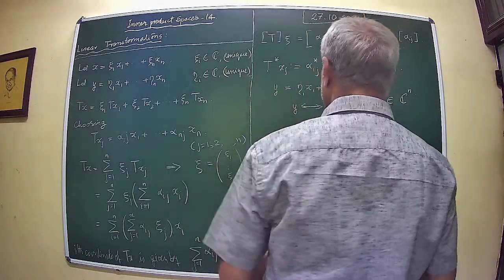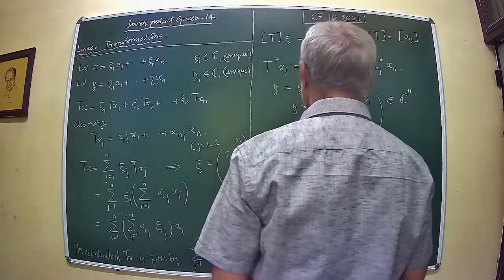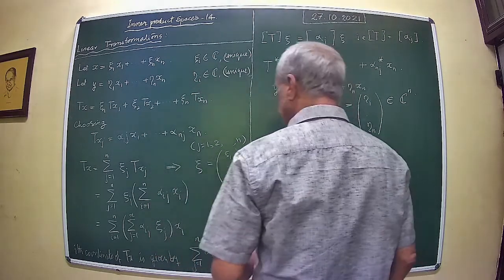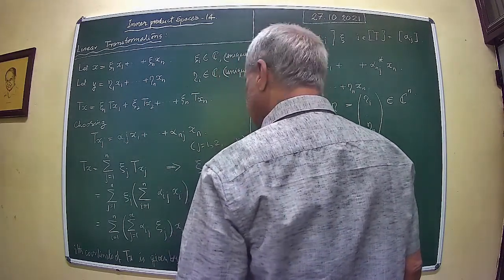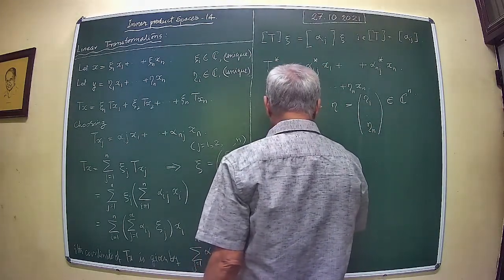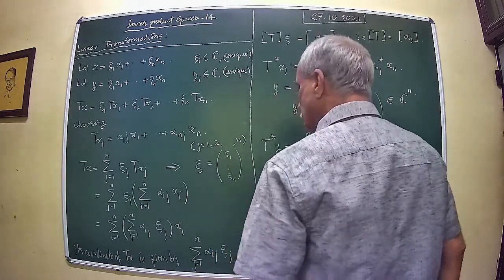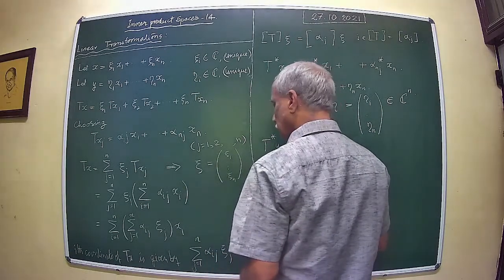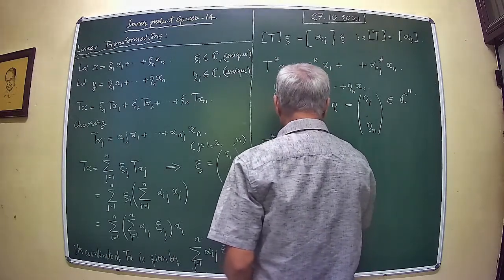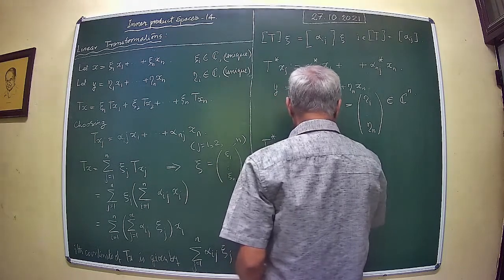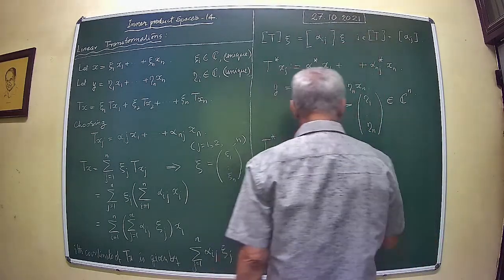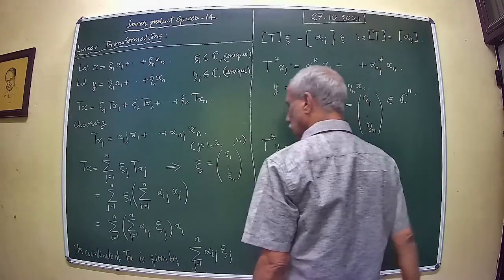Okay. Now T star of xj equal to this. Therefore, you can get similarly T star of y. You can write y with eta 1, eta 2, etc., eta n, and this turns out to be sigma i, j equal to 1 to n, alpha ij star.